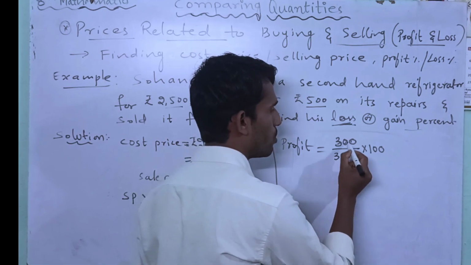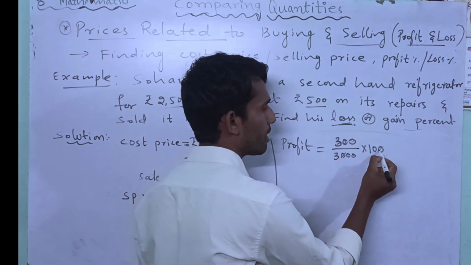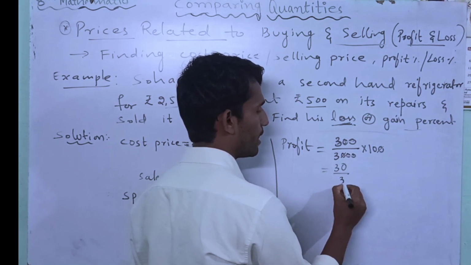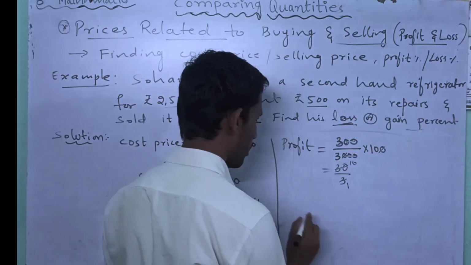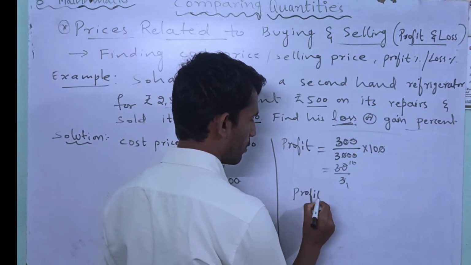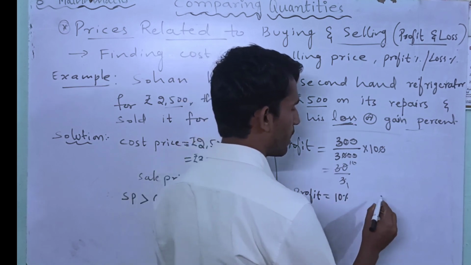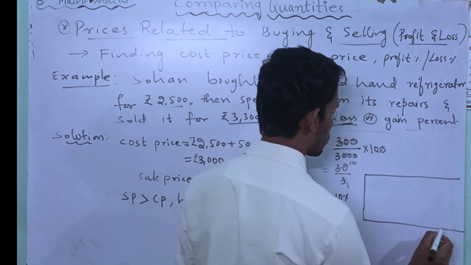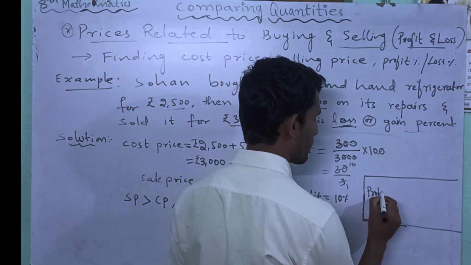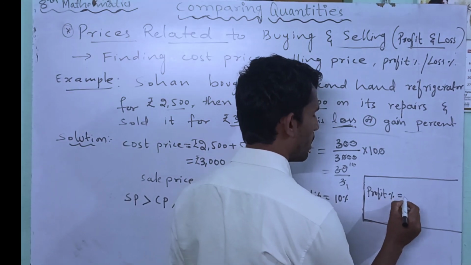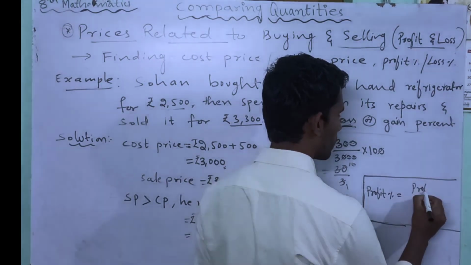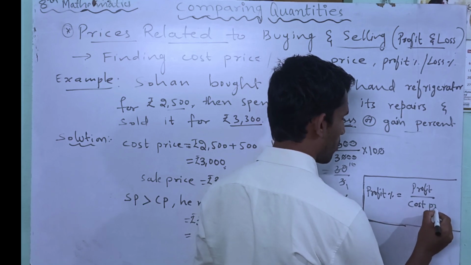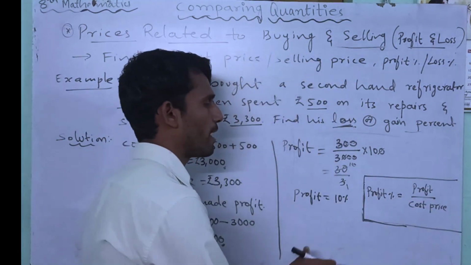When you cancel, the 0s get cancelled, and multiplying we get 30 by 3: 3 10s are 30. Profit is 10%. Dear student, write down this formula in your notes: profit percentage is equal to profit by cost price into 100. We use this formula to find the profit percentage.